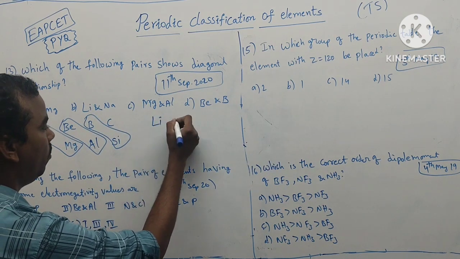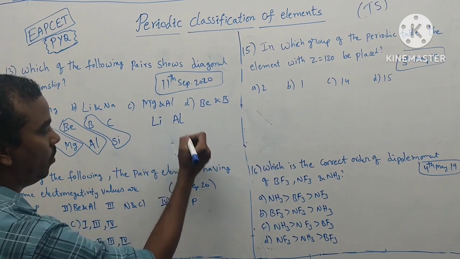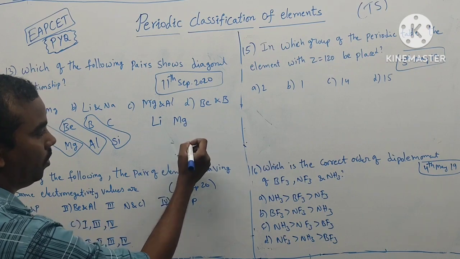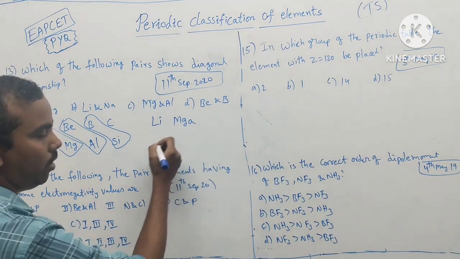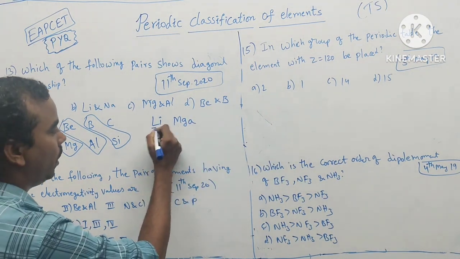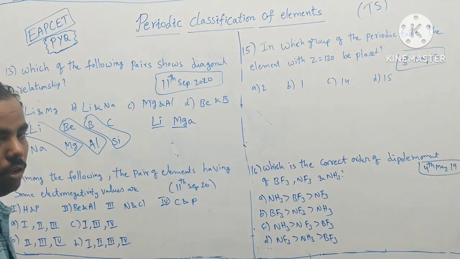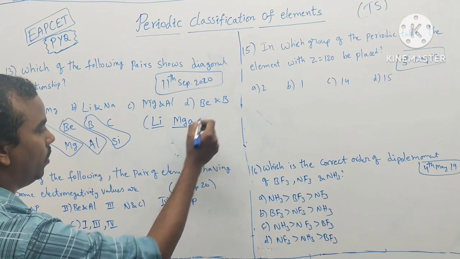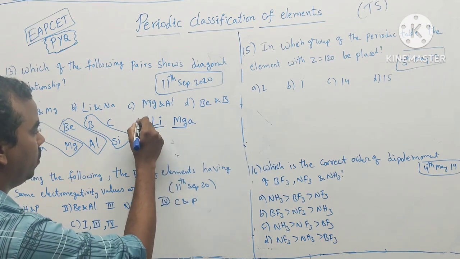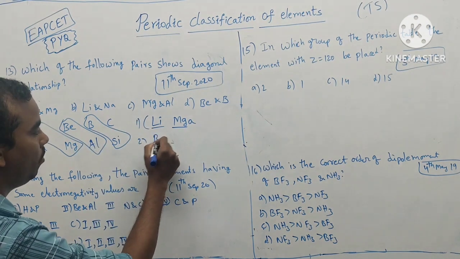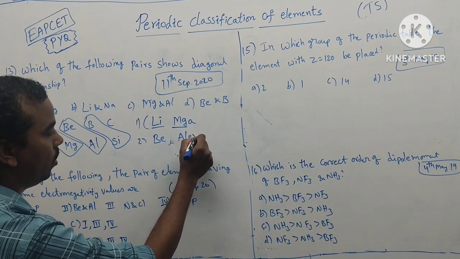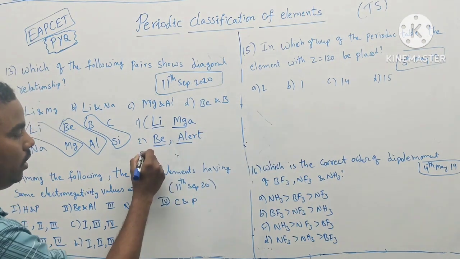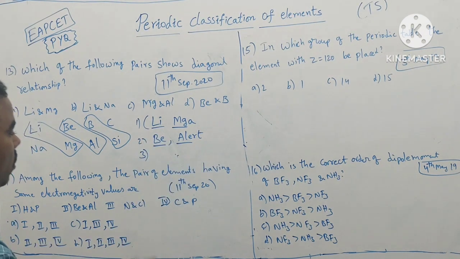So lithium, magnesium. The shortcut is LIMG, like limca. LIMG diagonally related elements. Next, beryllium, aluminum, BEAL, like B alert. Diagonally related elements, B alert shortcut.